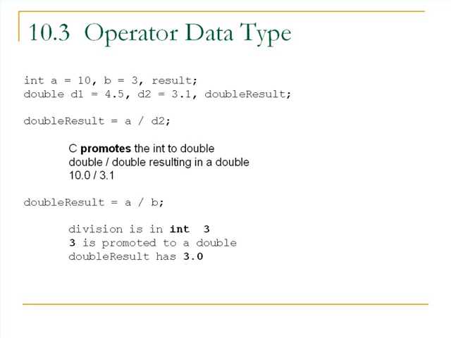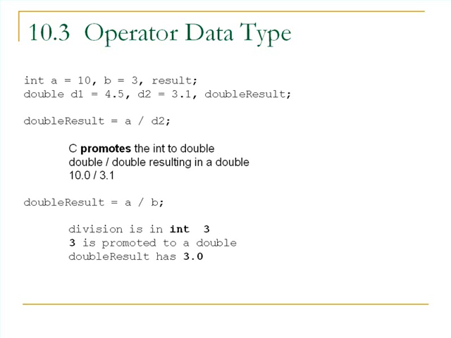So C will make a decision for us, and it will always decide to promote. So what happens first is the 10 that's in the variable A gets promoted to 10.0. No information was lost. That's why C decides to do the promotion. 10.0 divided by 3.1, whatever that evaluates to, it's a double. So the data type of the division in that statement is a double.